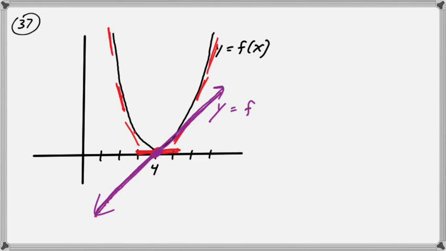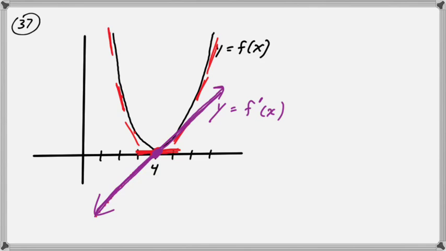That could be f prime. Now there's multiple ways. Well, it has to be 0 at 4, and it has to go from negative to positive at 4, because that's what the curve does. These can be tricky.